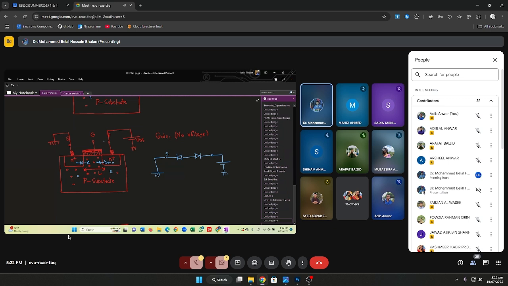So that is how the circuit diagram is. Let's say this is our D1, this is our D2.